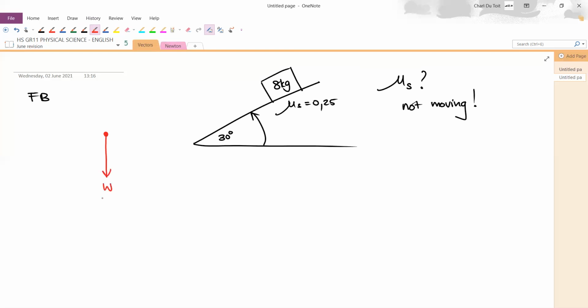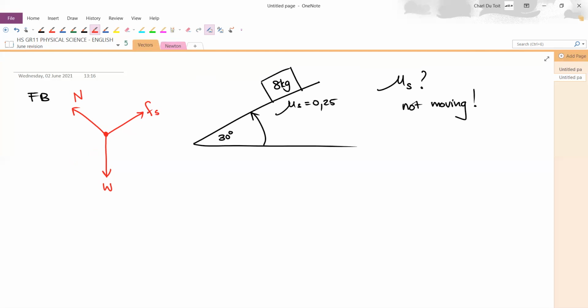There's one going up representing the normal force. It must be perpendicular to the surface. Then one going up the slope, which is static friction.